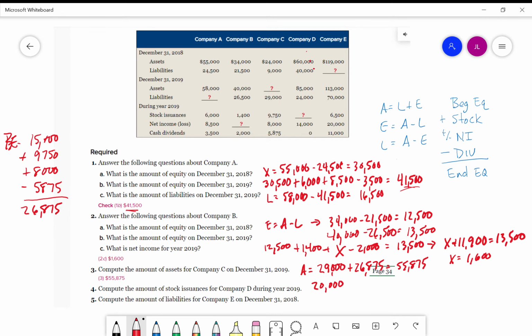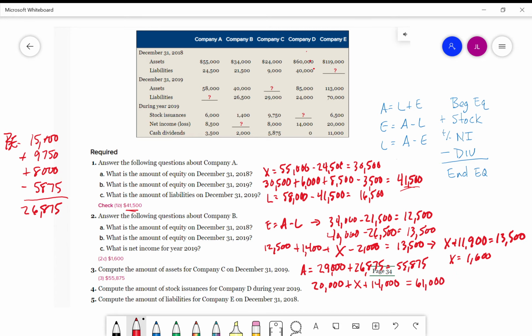We don't know stock. That's what we have to figure out, but we have to add that. So we're going to give that a variable like we do in algebra. We're going to give that an X. That's our stock issuance, plus our net income of 14,000. We don't have any dividends, so we don't have to subtract anything there. And this will equal our ending equity. We know our ending equity, assets minus liabilities for this company: 85,000 minus 24,000 is 61,000.